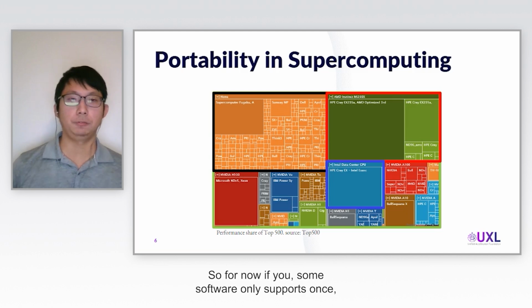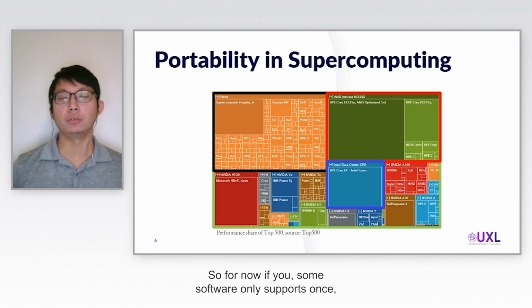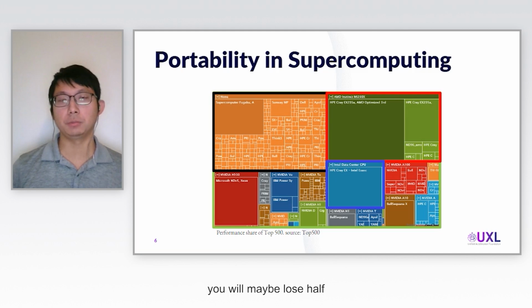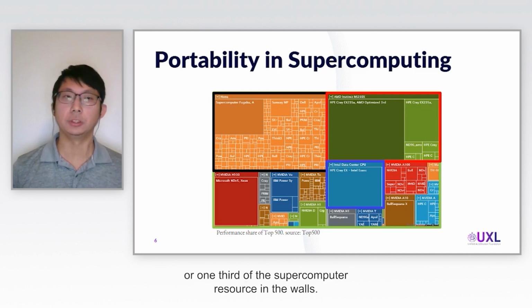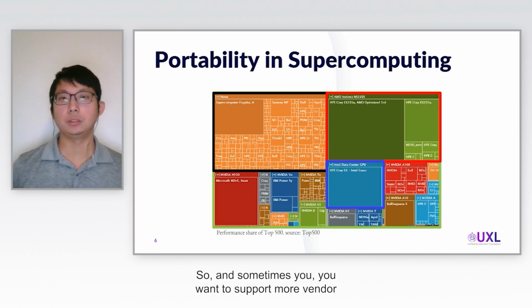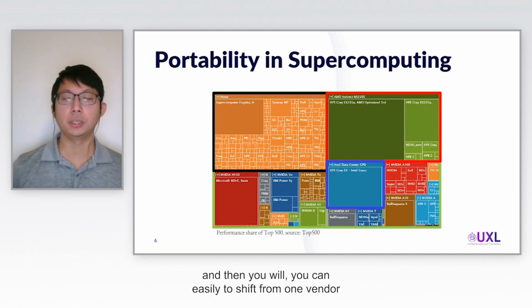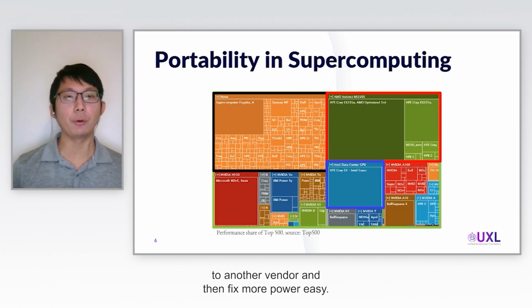So if some software only supports one vendor, you may lose half or a third of the world's supercomputer resources. Sometimes you want to support more vendors, so you can easily shift from one vendor to another and fit more hardware.